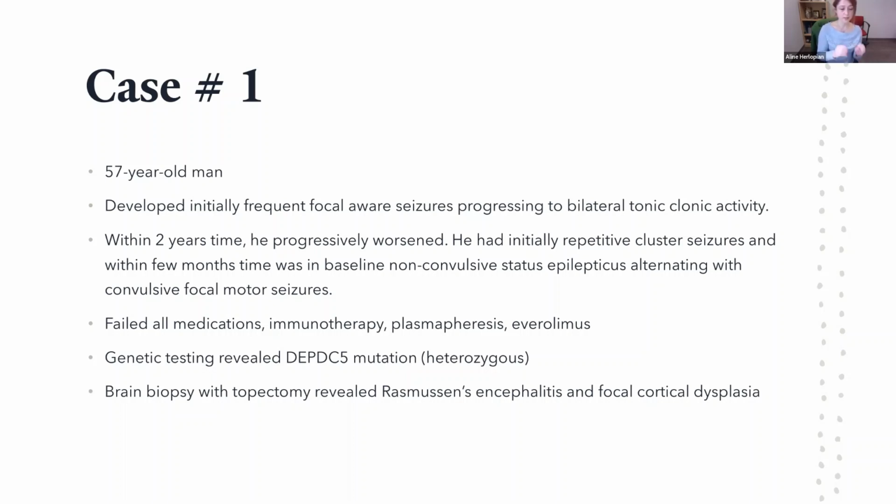He was swinging between periods of repetitive cluster seizures, where he could have multiple seizures per hour, up to periods where he was in non-convulsive status epilepticus, and at times with focal motor status epilepticus. He failed all anti-seizure medications, immunotherapy, plasmapheresis, and everolimus, which was administered because of a genetic mutation, DEPDC5. Finally, a biopsy showed a left hemispheric Rasmussen encephalitis and focal cortical dysplasia.